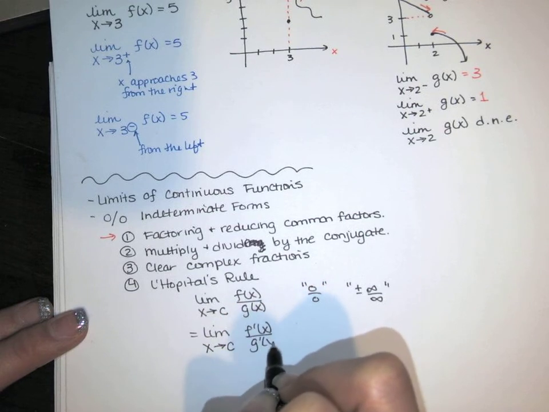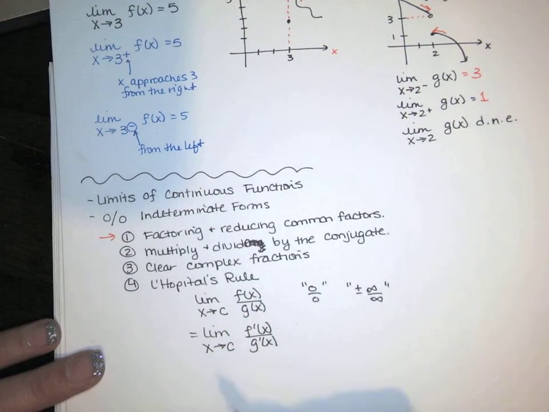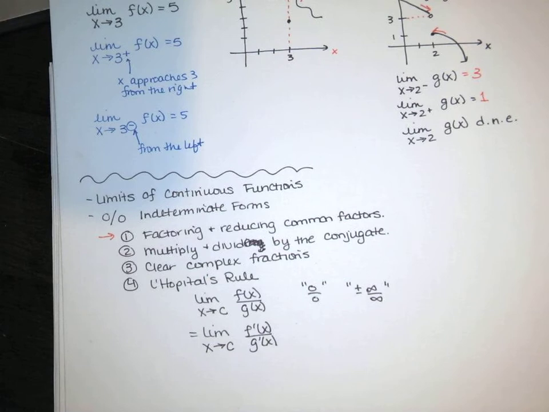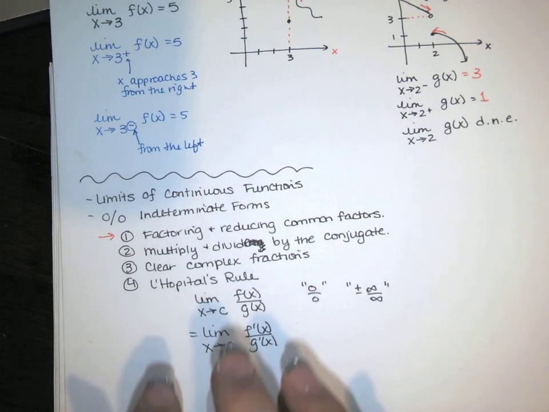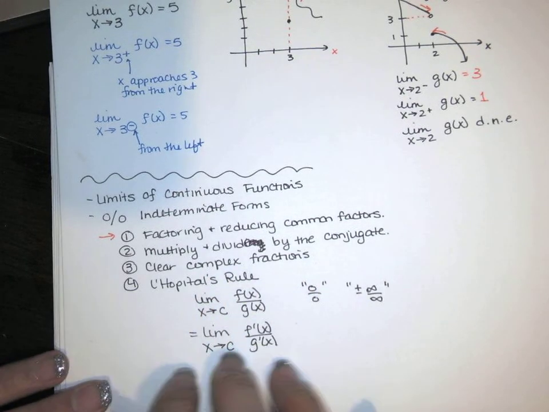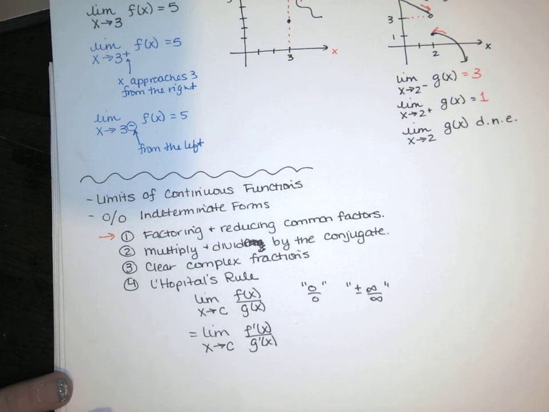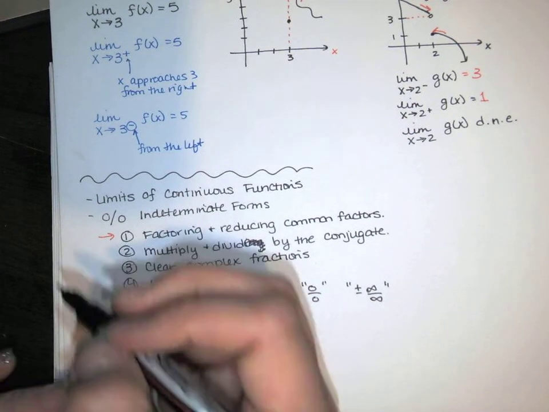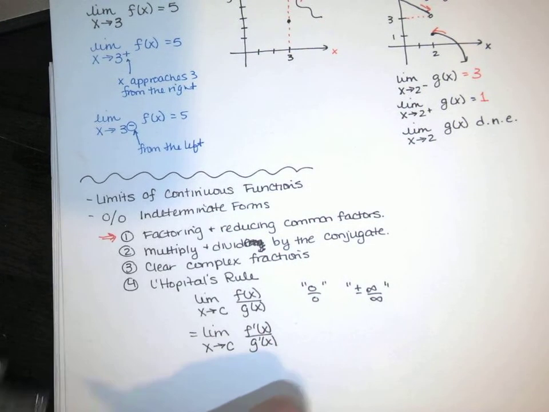So take the derivative of the numerator and denominator and take this limit instead. That's what L'Hopital's rule says. Probably don't use this one as often either, not in this section, but we might need that a little bit later. This is probably the one that you'll need most in this class, factoring and reducing.